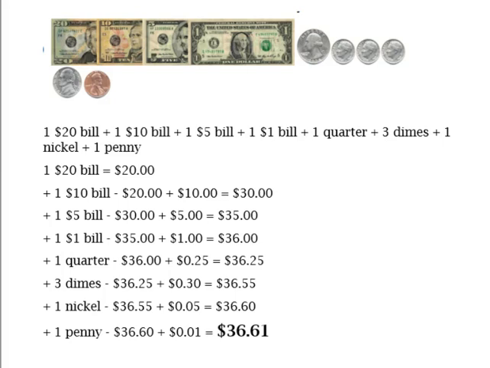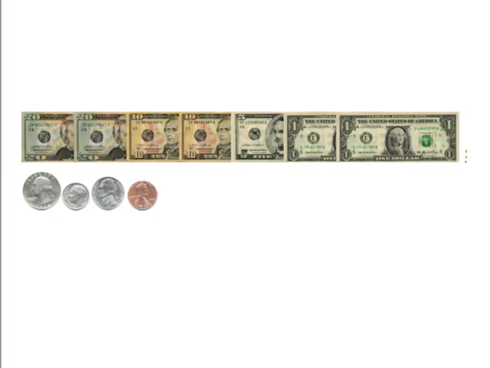We add 3 dimes, that's $36.55, plus 1 nickel, our total is $36.60, plus 1 penny. So our grand total is $36.61. Let's move to the next picture of money.